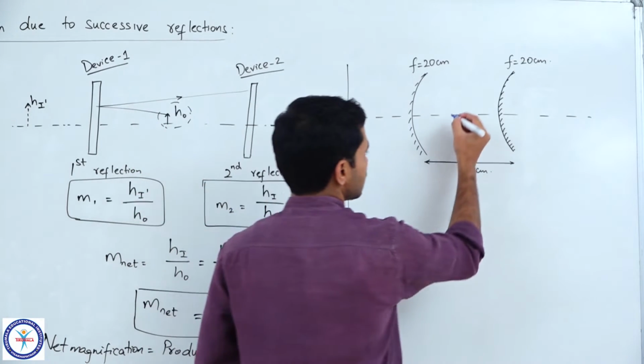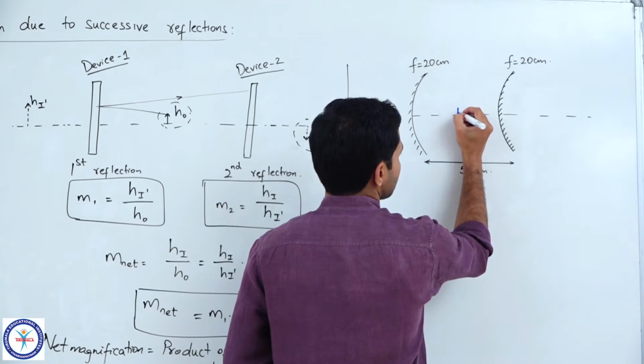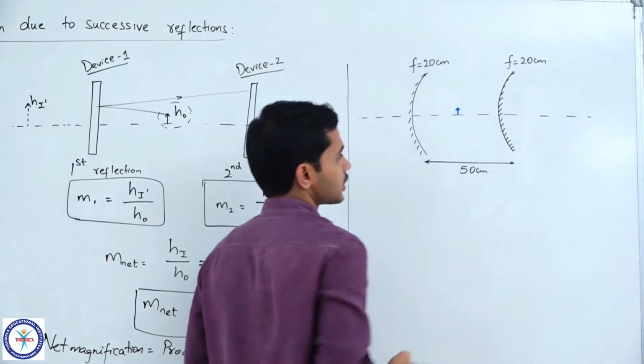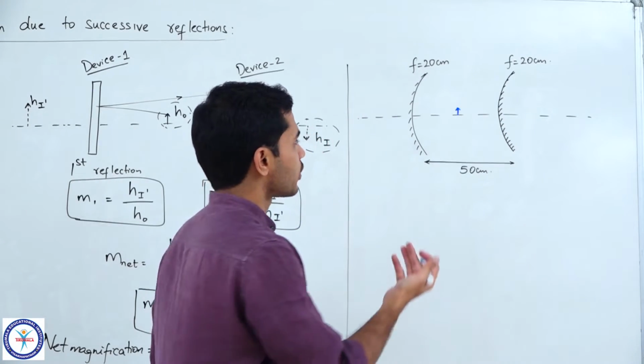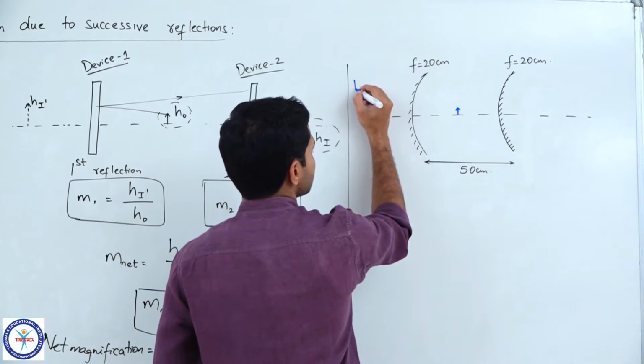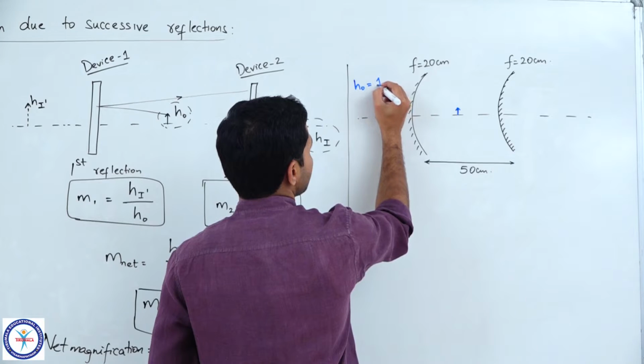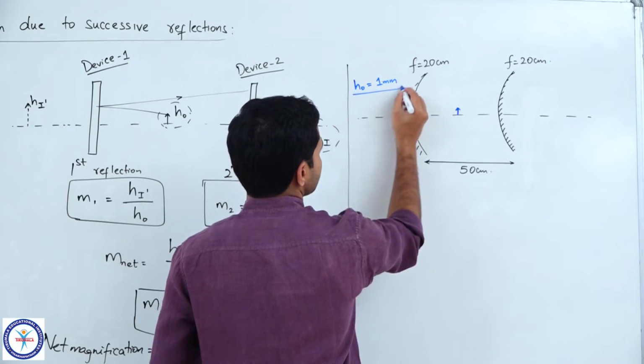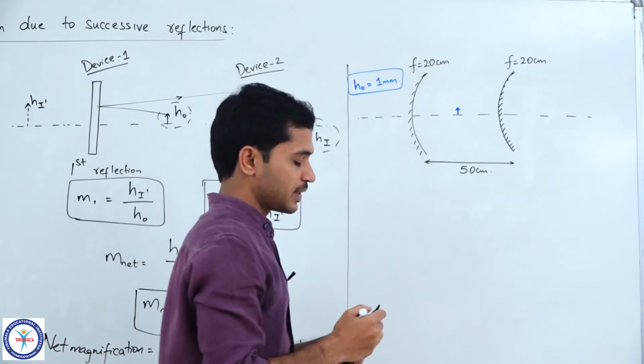So, let us consider that the object is over here. A very small object. You can also consider some height for the object. Let us say the height of the object is some 1 millimeter. So, a small object is placed there.